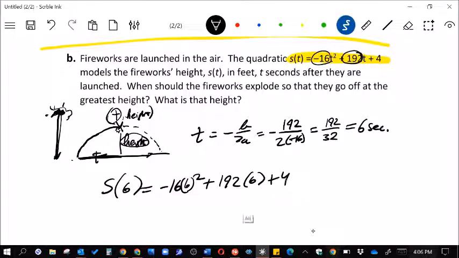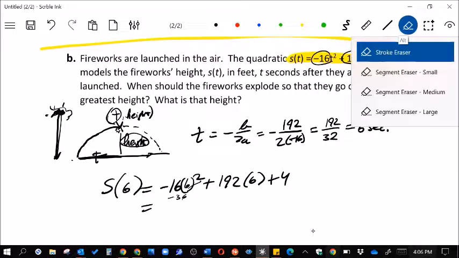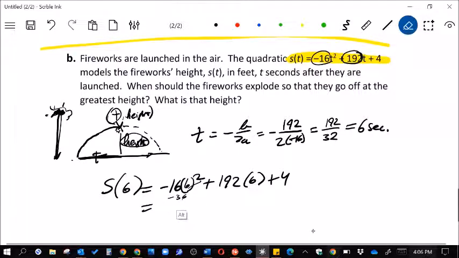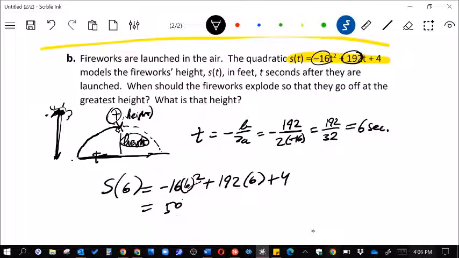That's negative 16 times 36, since 6 squared is 36. Jumping ahead, if you calculate all that out correctly, you get 580 feet.